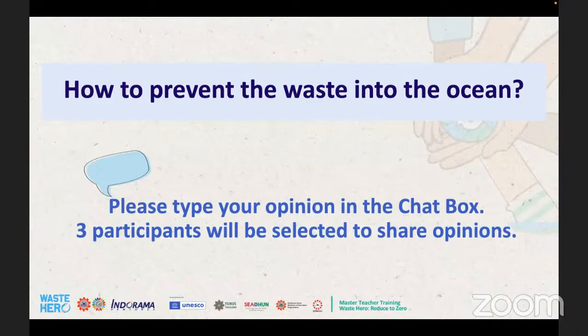I think government can make a lot of waste processing from small community, start from school environment, university environment, and community environment. So when there a lot of waste processing, I think we can prevent waste from any our activities. Maybe that's all.